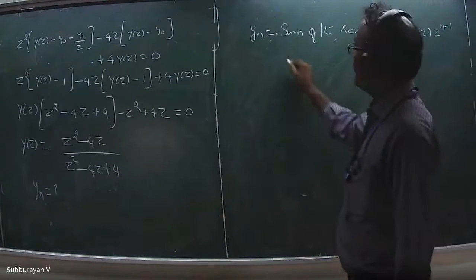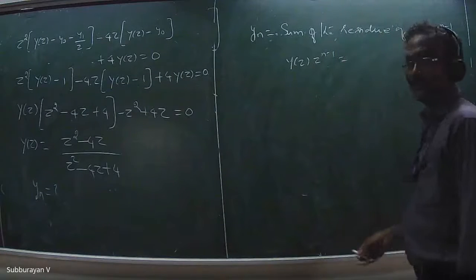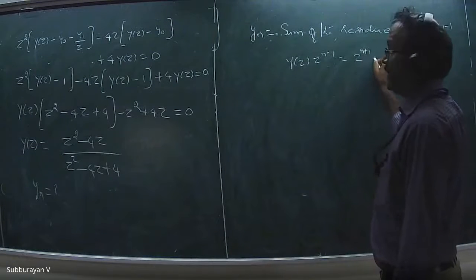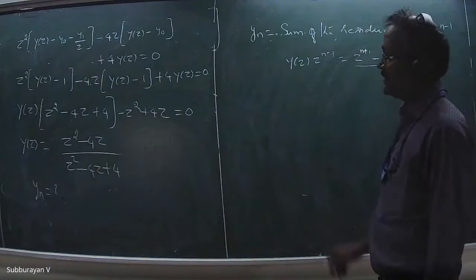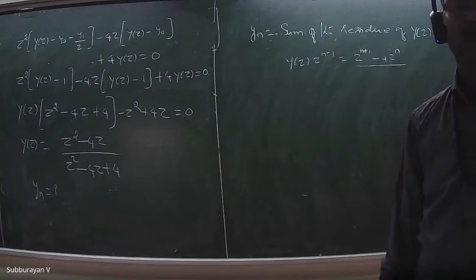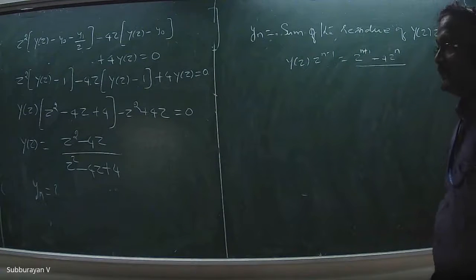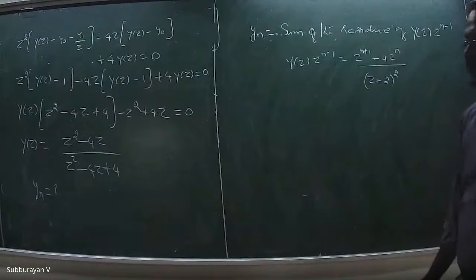So therefore, y of z into z power n minus 1 is z power n plus 1 minus 4 times z power n upon z square minus 4z plus 4. What is this? z square minus 4z plus 4 is z minus 2 whole square. Okay, fine. Therefore, what are the poles?